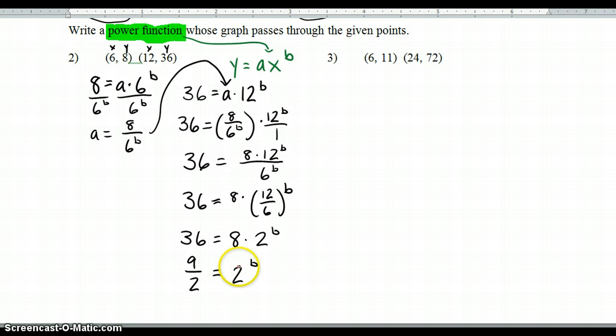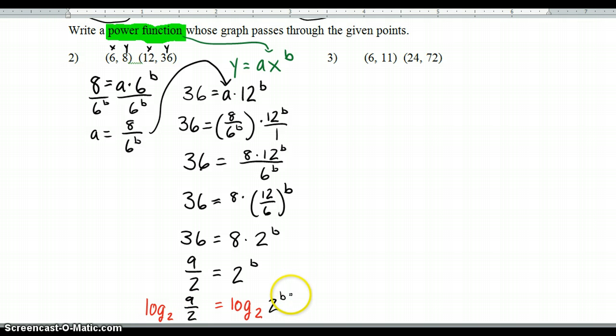Because my base over here is 2, I'm going to want to make it a log base 2. A log base 2 of 2 to the b, so that those will end up canceling out. Which means over here I also need a log base 2 of 9/2.